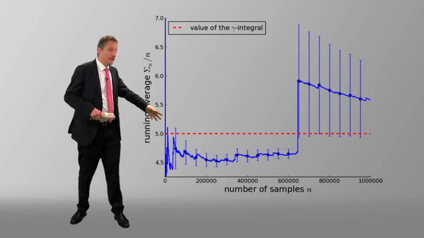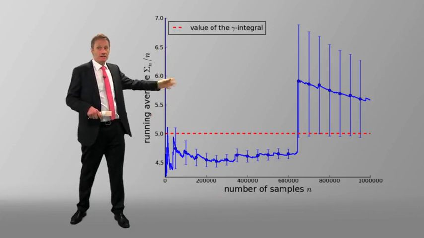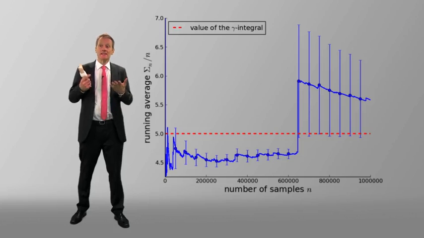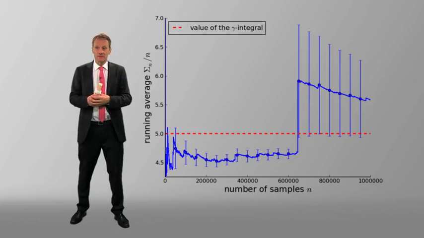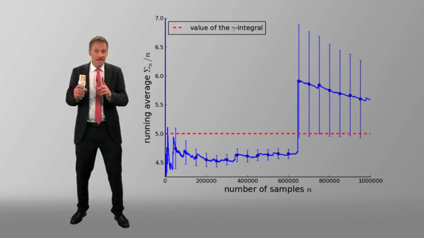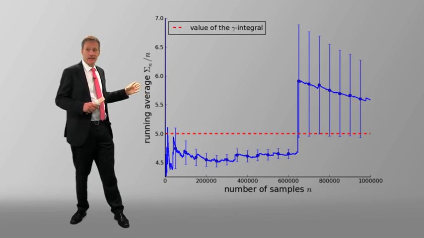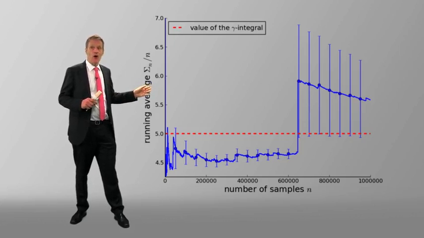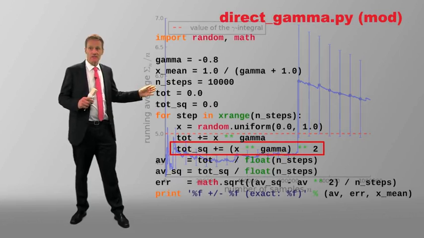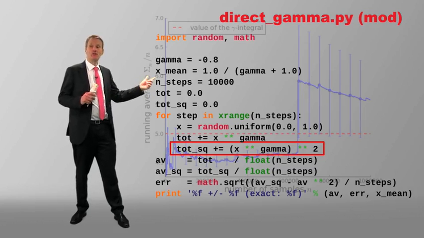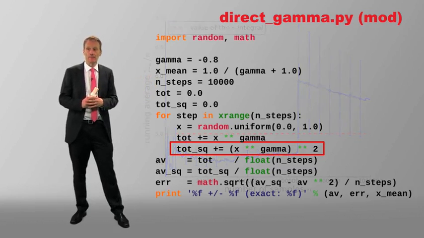Then the very large sample hikes up the mean value and also increases the error estimate. Now let us analyze what is the problem here. The problem is that we have an estimation of the variance of our distribution as the sum over the random numbers to the power of 2 gamma, as you see here in the program.